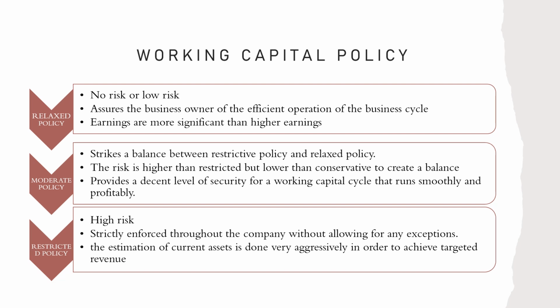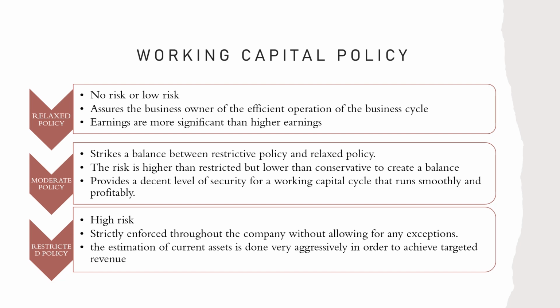Next, moderate policy. Moderate policy strikes a balance between restrictive policy and relaxed policy. The risk is higher than restricted but lower than conservative to create a balance. It provides a decent level of security for a working capital cycle that runs smoothly and profitably. Lastly, restricted policy.